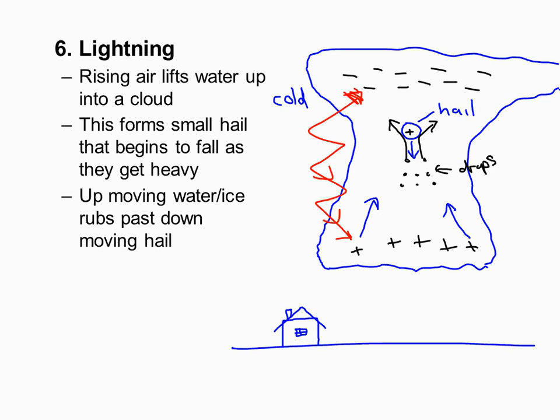Okay? Another thing can happen down here in the earth. Okay? Just like my balloon, far away, there are equal positives and negatives. All right? But when we get close to the cloud that's close to the ground, the negatives are going to want to get really close to the surface.